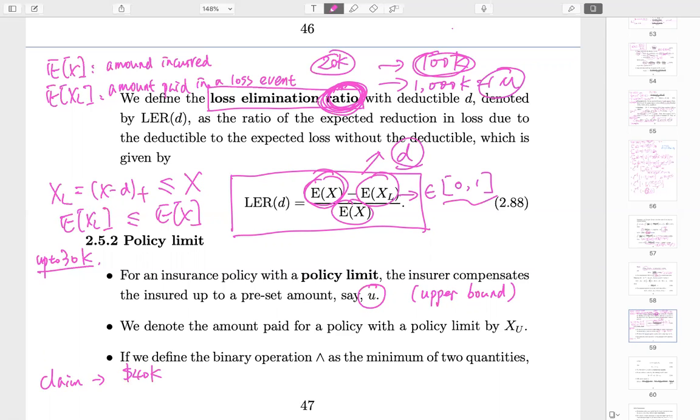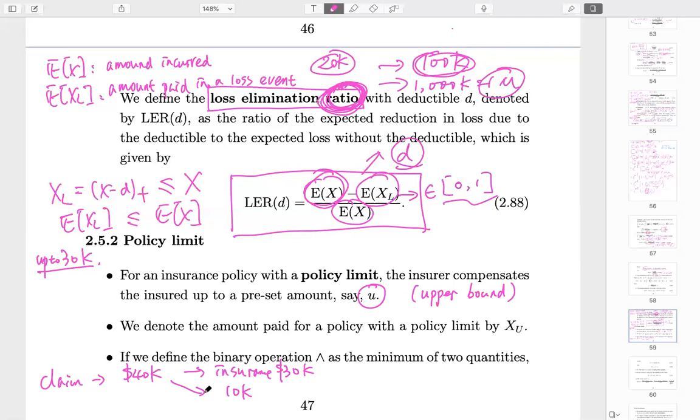Because I have such a policy limit, the insurance company will pay 30K. The remaining 10K is borne by me. So I will have to come up with something to figure out the remaining $10,000. So that's the meaning of policy limit.